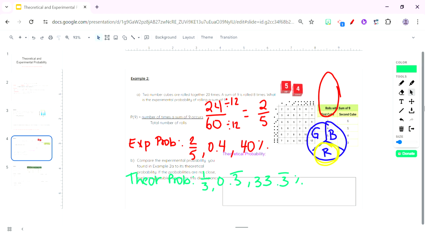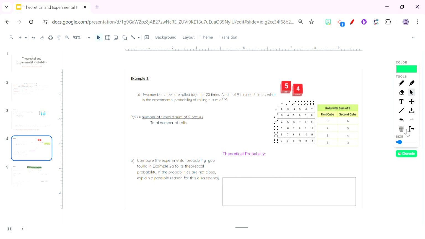Okay, next example. 2 number cubes are rolled together 20 times. A sum of 9 is rolled 8 times. What is the experimental probability of rolling a sum of 9? Okay, so let's see here. The sum of 9 is rolled 8 times. So 8 out of the total, which was 20 times.